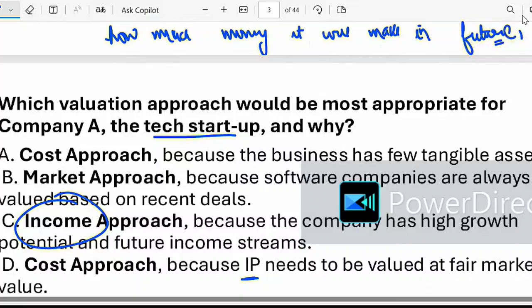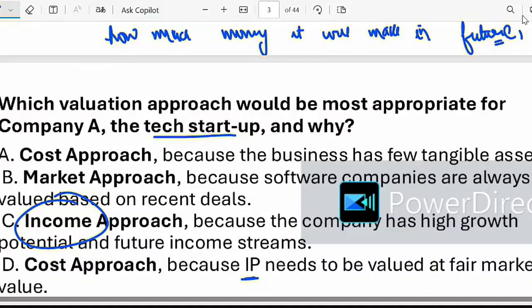This tech startup does not have a sound infrastructure or huge machinery, but what it has is a good intellectual property. So we are looking at how much money it will make in the future, and that is what the income approach does. So that is the point. Friends, the correct answer to this question is income approach.